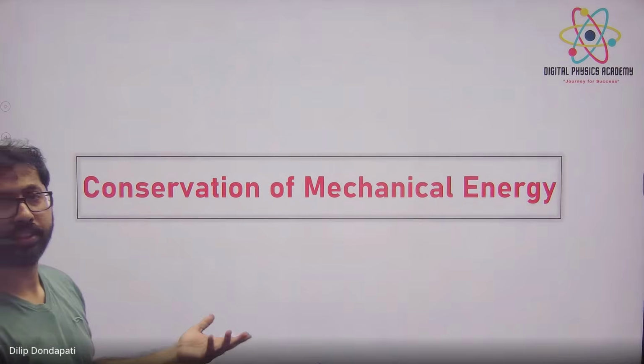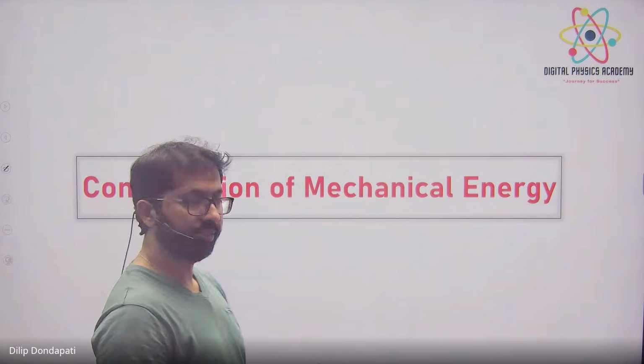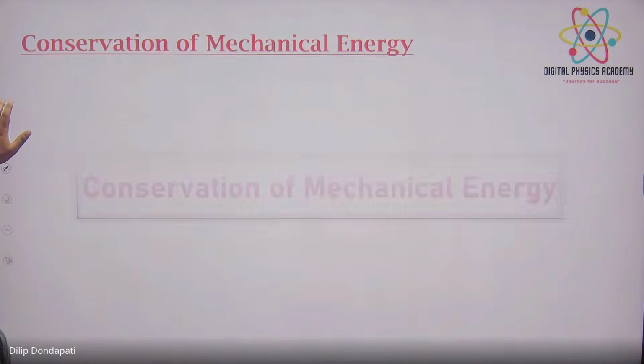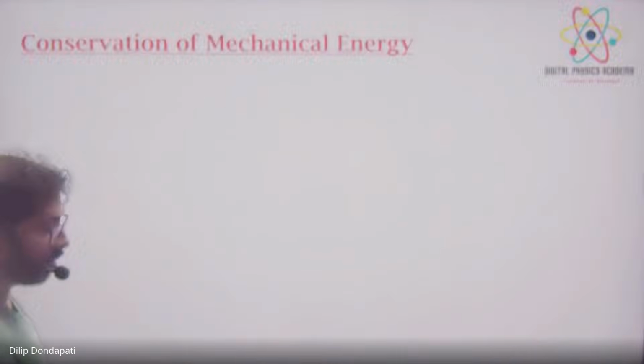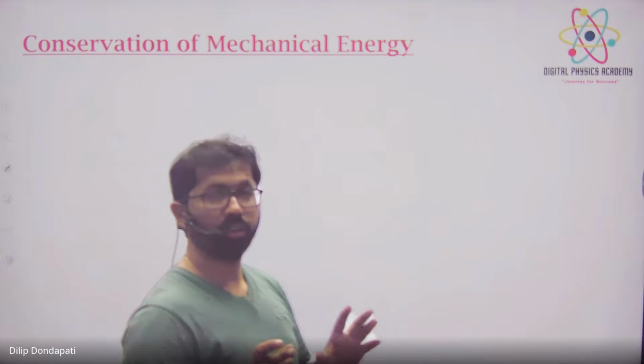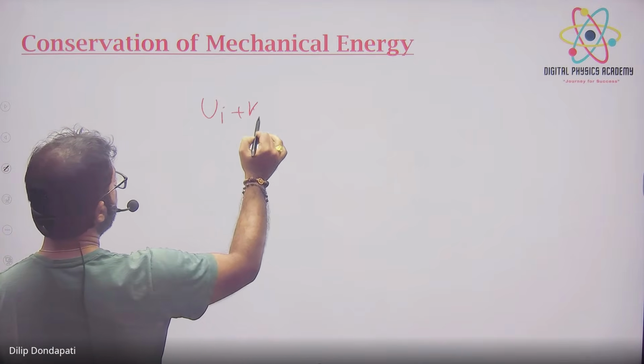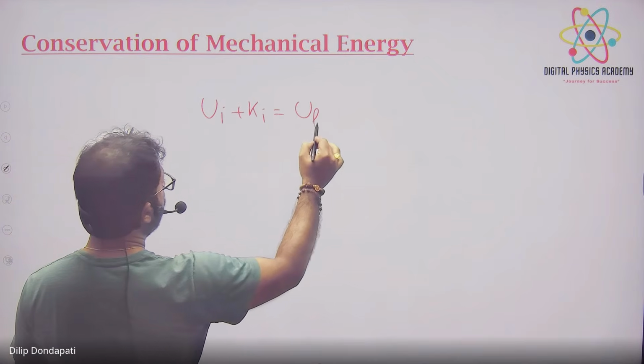Conservation of mechanical energy. These are all small topics, to be done by comparing with linear. What is conservation of mechanical energy? Whenever we have to apply it, tell me. If there is no friction and no work done by an external agent, then we can apply conservation of energy happily. What is the formula? Ui plus Ki is equal to Uf plus Kf.